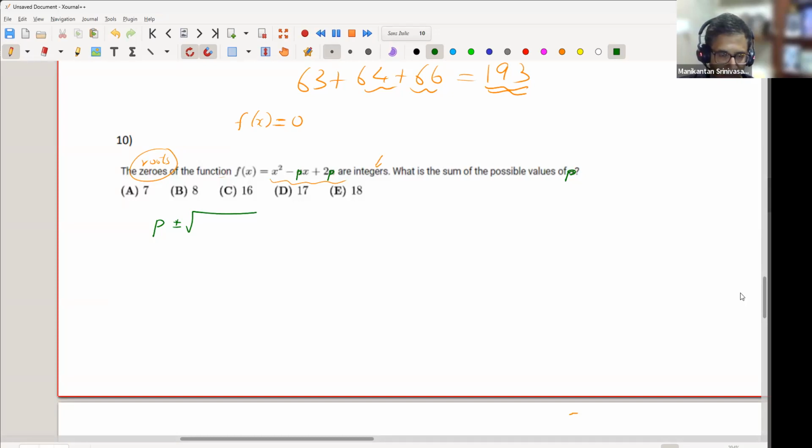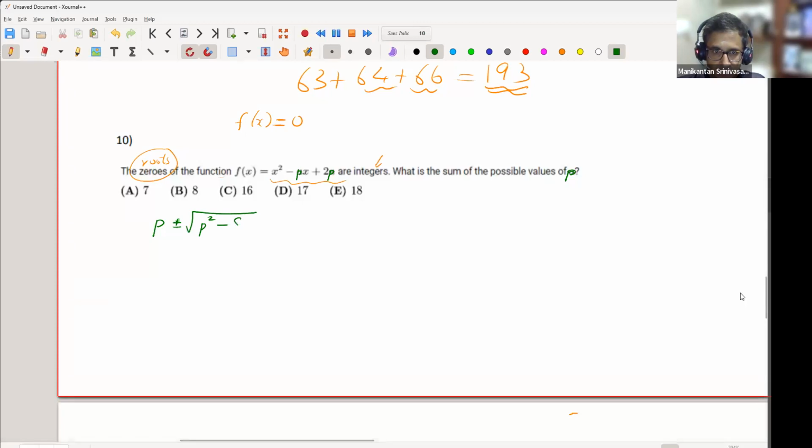So I'm just being easier on you, but if it comes in the exam, you have to know to adapt it. You can make a quick change like this yourself so that you don't make mistakes and then move forward. So b square minus 4ac. In this case, p plus or minus square root of p square minus 8p, whole upon 2a, which is 2.